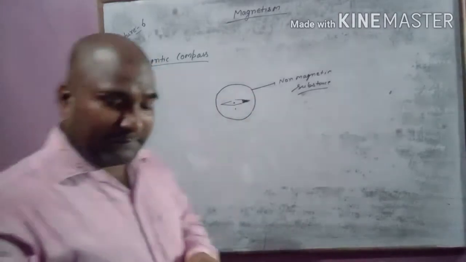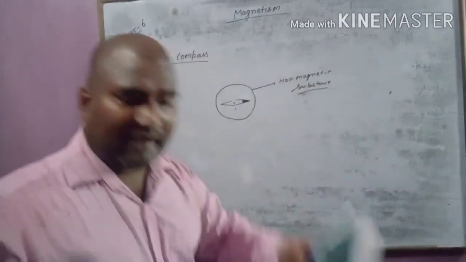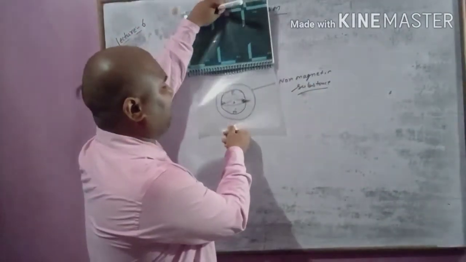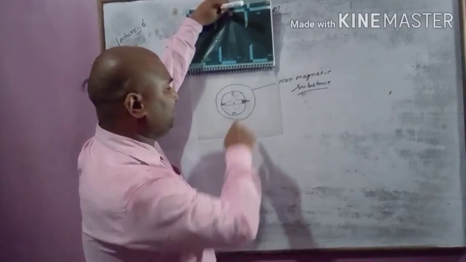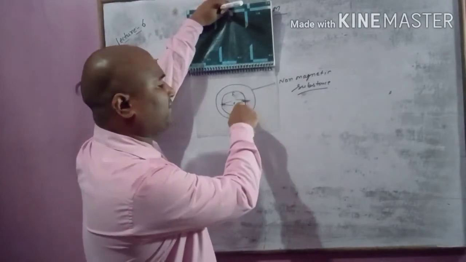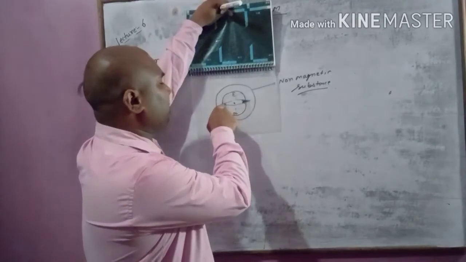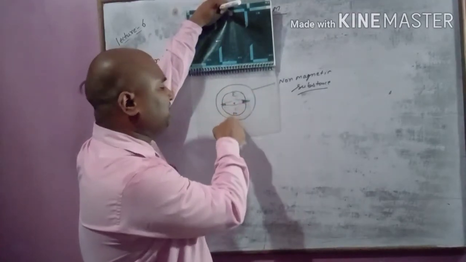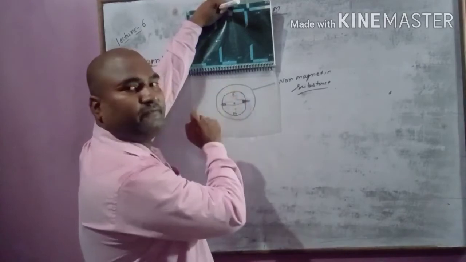So what the person will do is align the top glass like this. If he aligns the top glass like this, so that the north pole is facing the north direction, then the south pole will face the south direction. Obviously this will be the east and this will be the west.